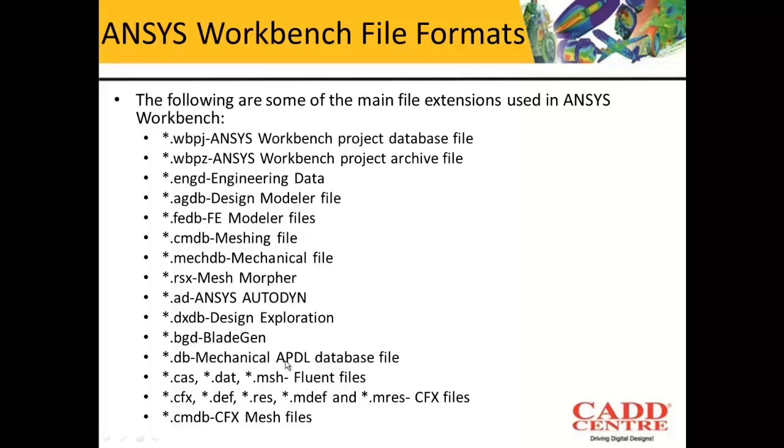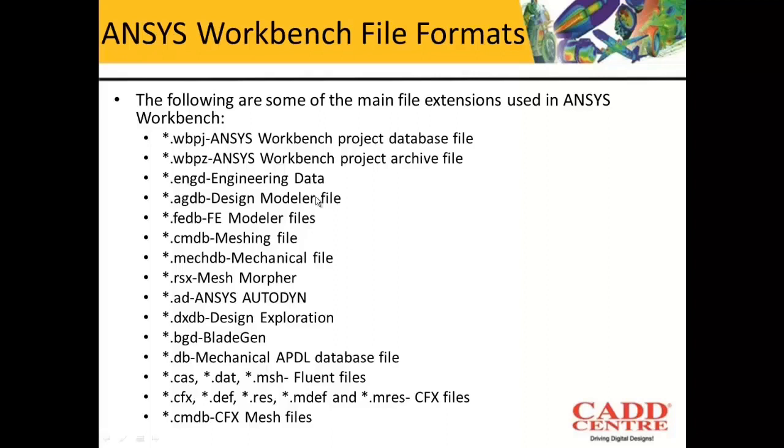.db, which is an extension for the mechanical APDL file, which is the Ansys classic file. .cas, .dat, .msh are all extensions for FLUENT files. .cfx, .def, .res, .mdef, .mres are all extensions of CFX files, and .cmdb is an extension for CFX mesh files.